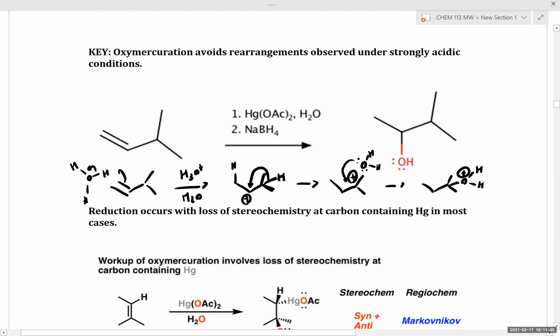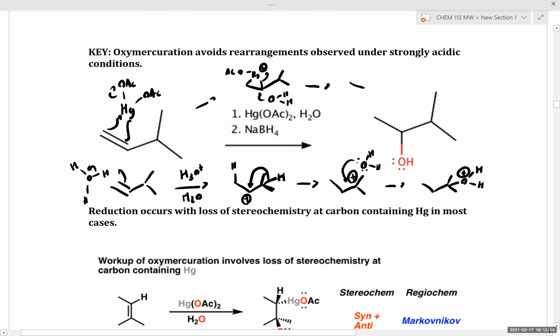So one really important benefit of oxymercuration compared to acid catalyzed hydration is that oxymercuration installs your corresponding alcohol without any risk of rearrangement.